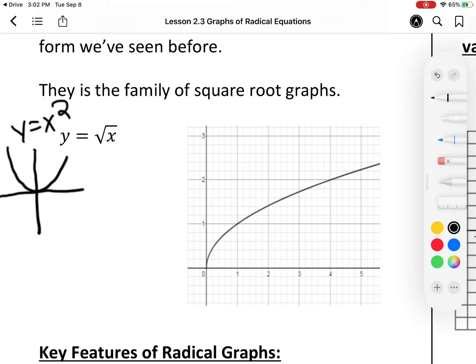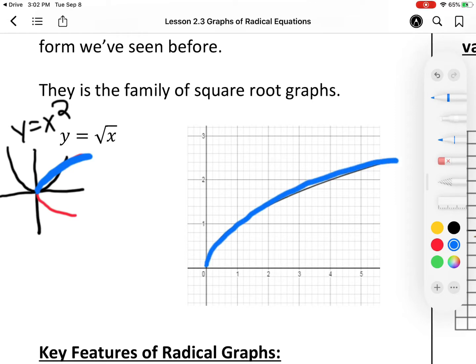If we rotated that quadratic to its side and only looked at half of it, so only looked at this part, well, that's what we get. This little half u on its side graph.